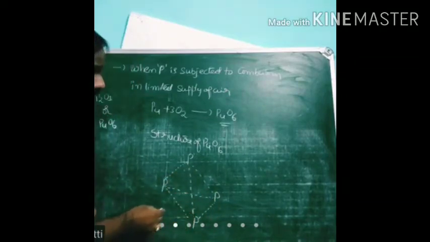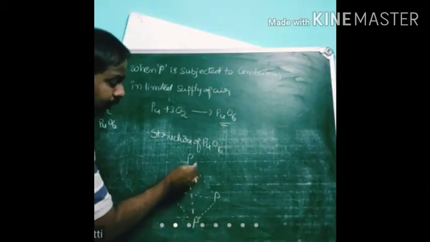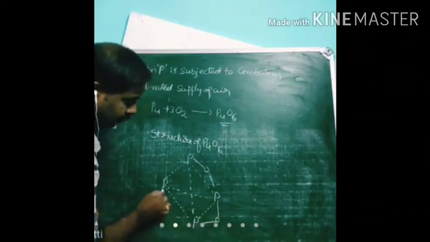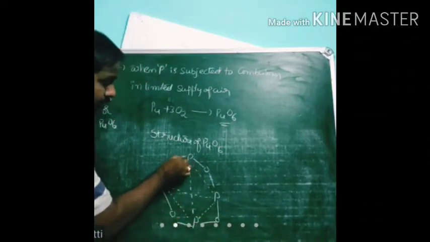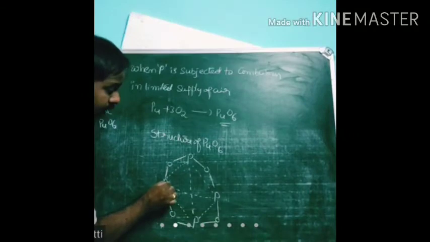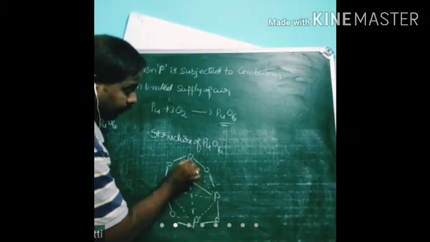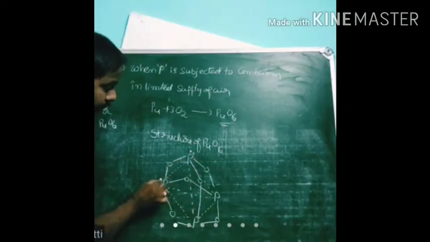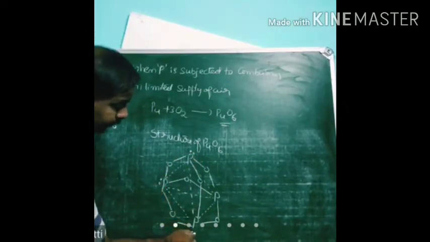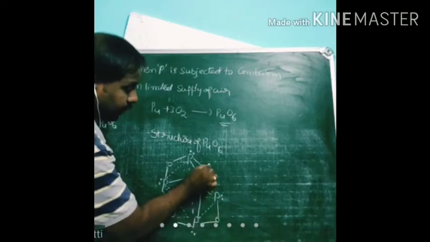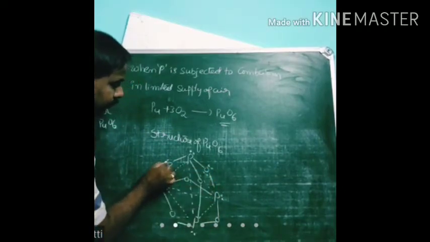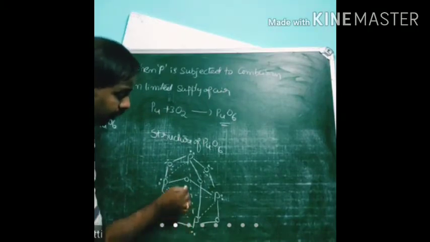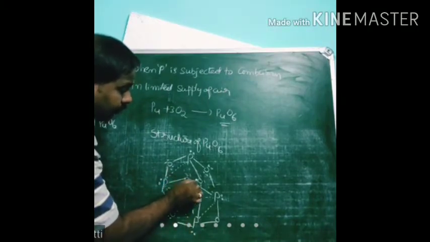After that, in between each phosphorus, put one oxygen. Each phosphorus contains one lone pair, and each oxygen contains two lone pairs.